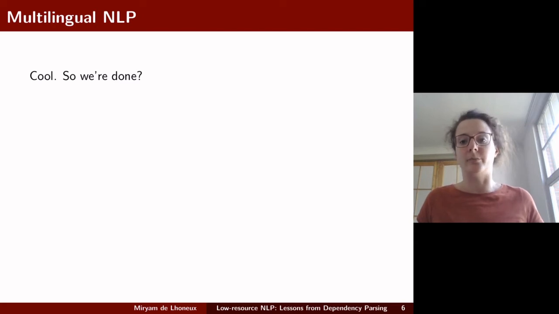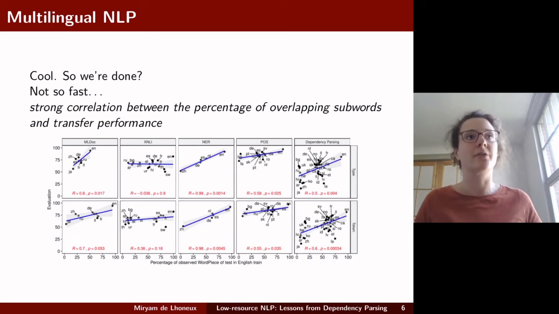This is relatively easy to do and we don't really need cross-lingual supervision. Well, I don't think this is quite the case. In fact, the paper that I just mentioned found a very strong correlation between the percentage of overlapping subwords between languages and transfer performance.